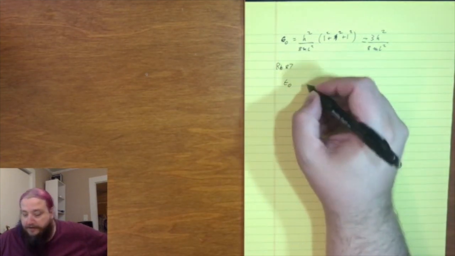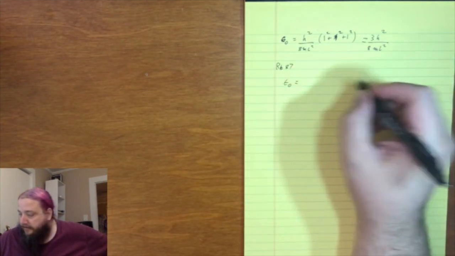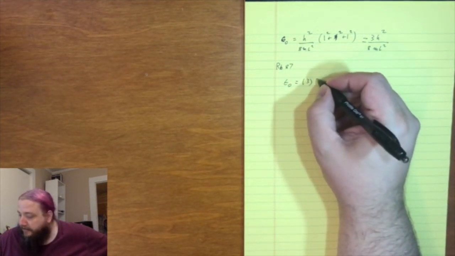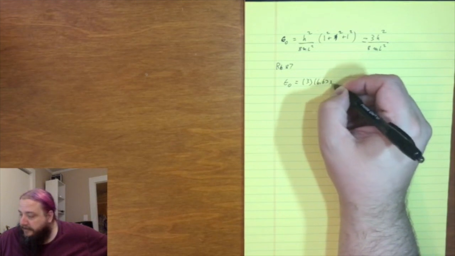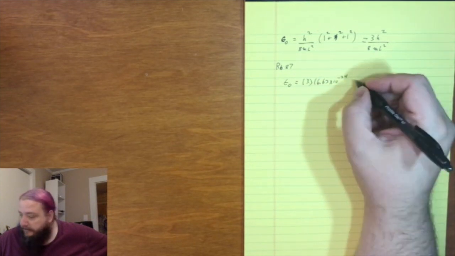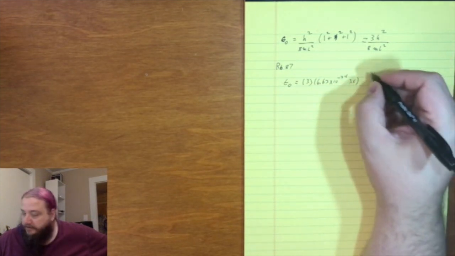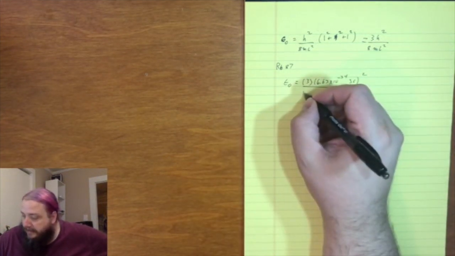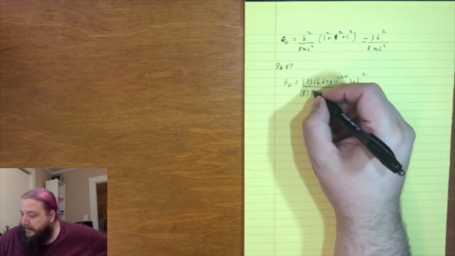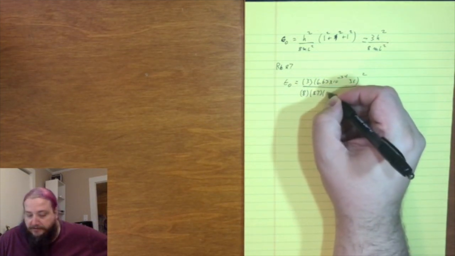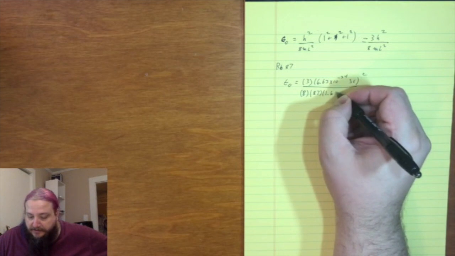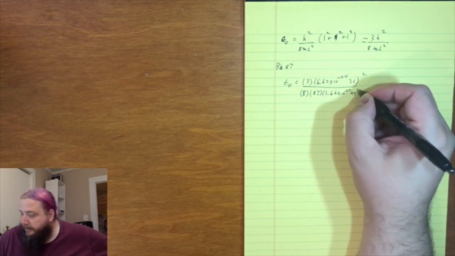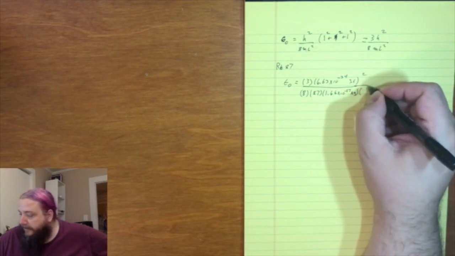the ground state energy is going to be, again, 3 times Planck's constant, 6.63 × 10^-34 joule seconds, squared, over 8 times the mass, which is 87 times the atomic mass unit, 1.66 × 10^-27 kilograms, times L squared.